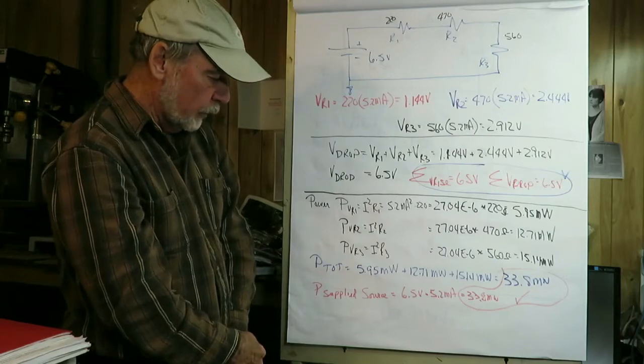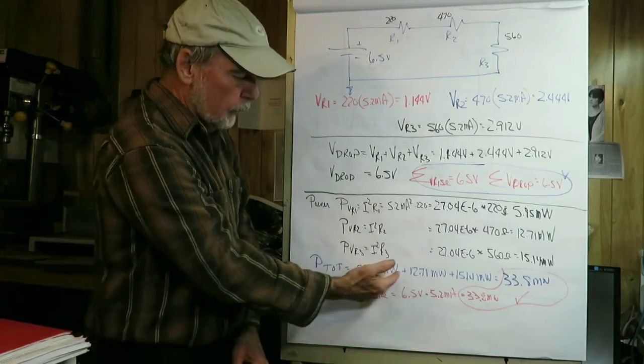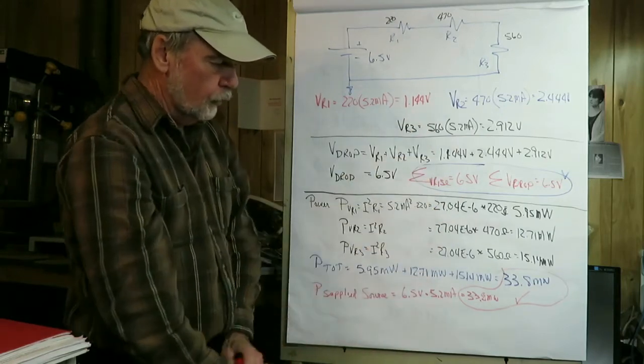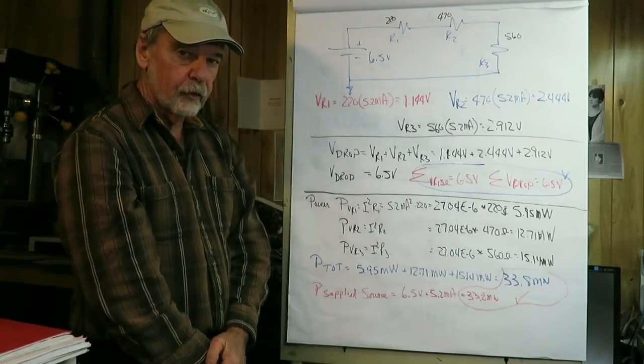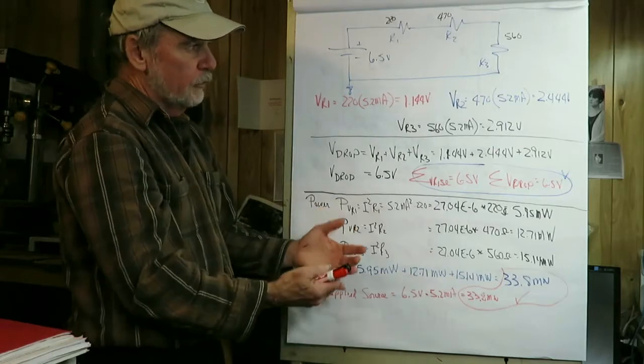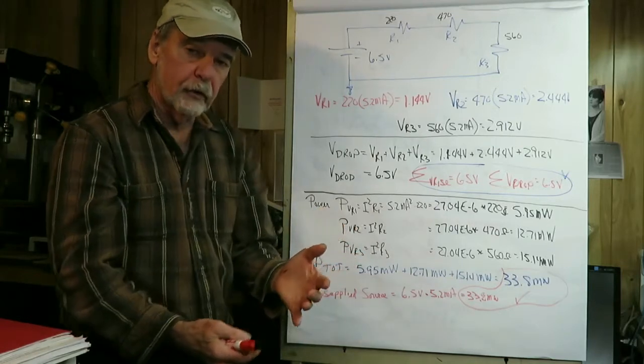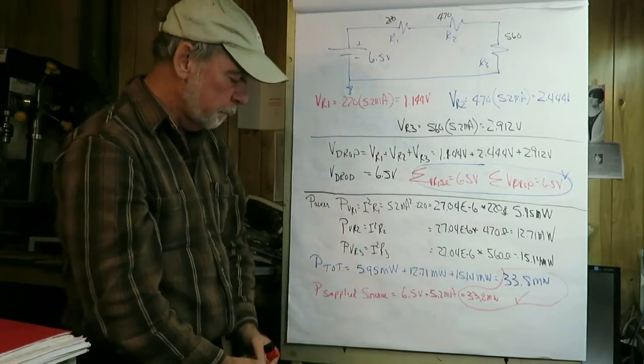So the total power here is going to be the sum total of the power in all of the resistors, and that comes out to be 33.8 milliwatts. So that's the total dissipation, and in the case of resistors, that's electrical energy that's being converted into heat.